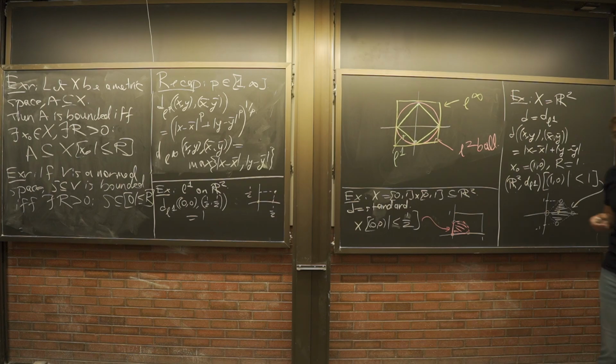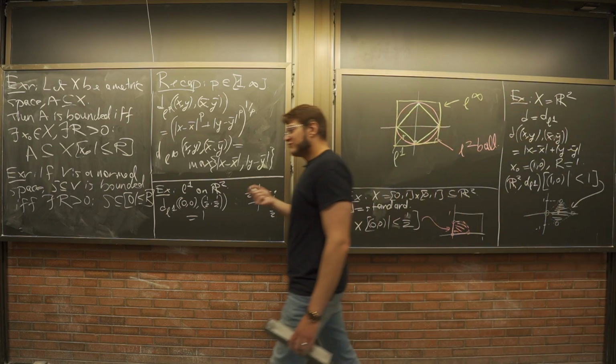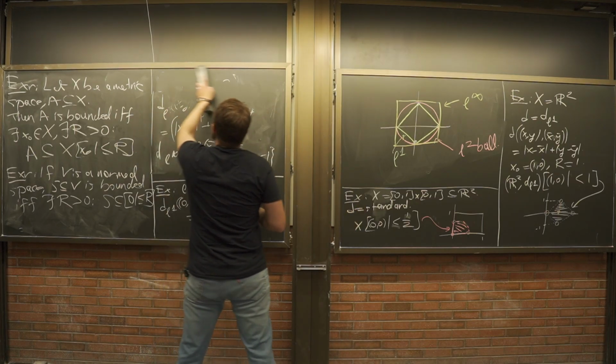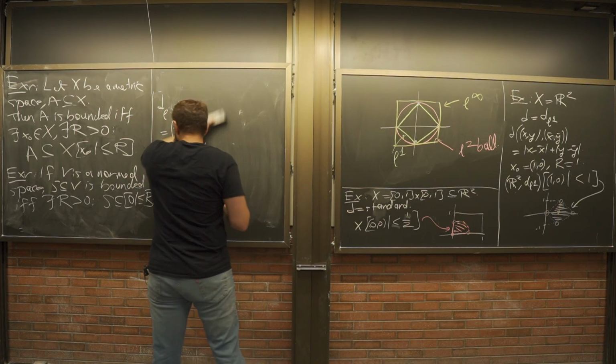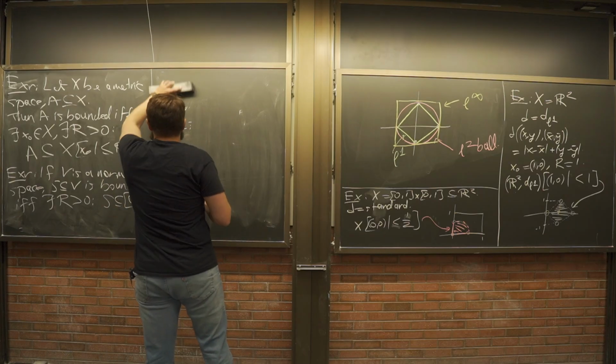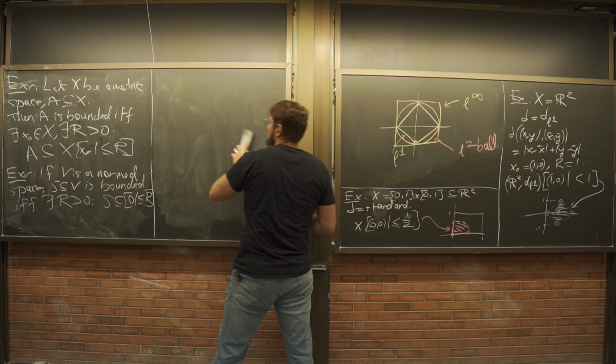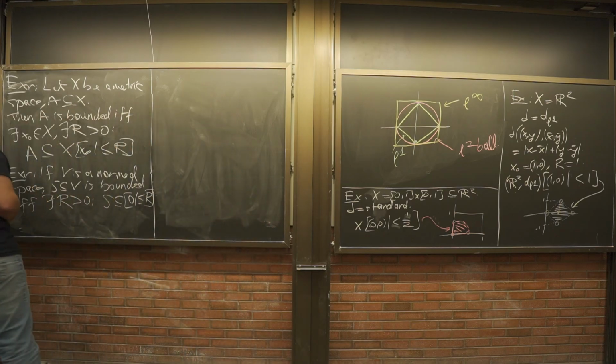In other words, it turns out that the linear transformation is bounded if and only if it is continuous. This is a very important statement. So let's prove it as well.